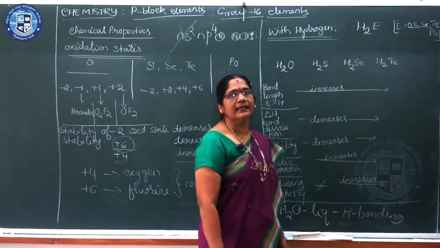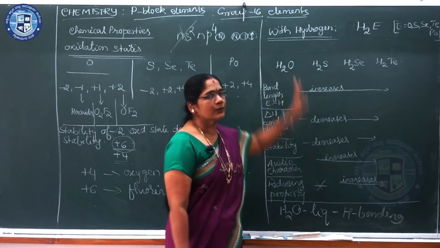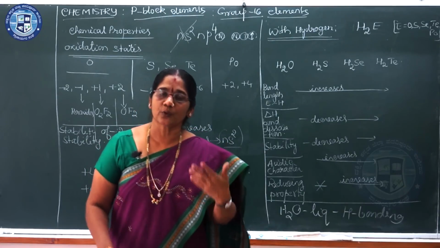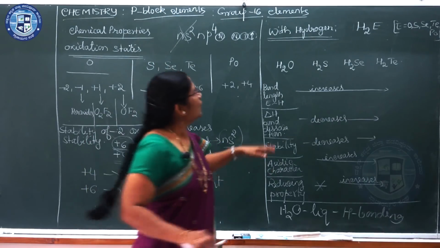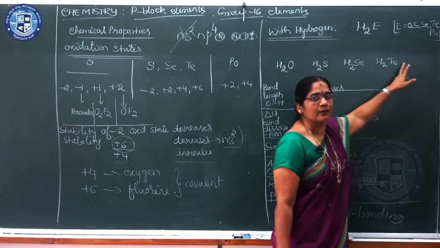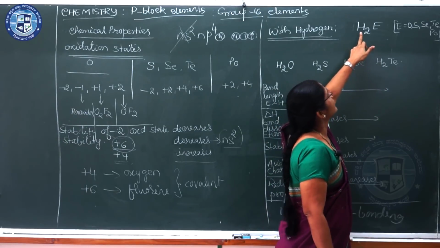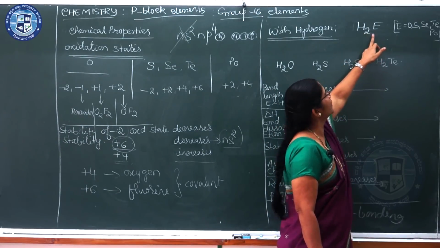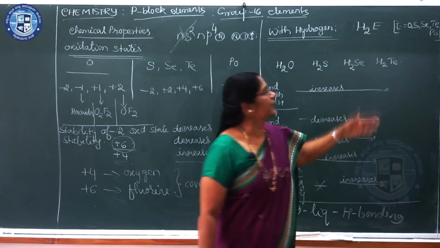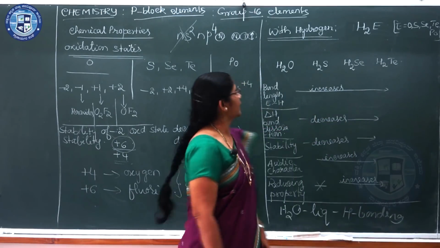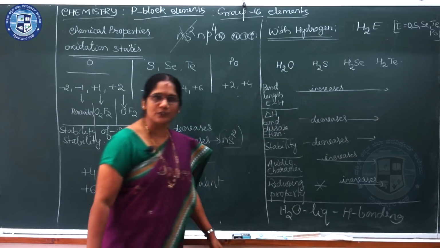Next, as we have done in the group 15 elements, we will see the reaction of group 16 elements with hydrogen. They form hydrides of the general formula H2E, where E can be any element of group 16, oxygen up to polonium. We will take these hydrides one by one.